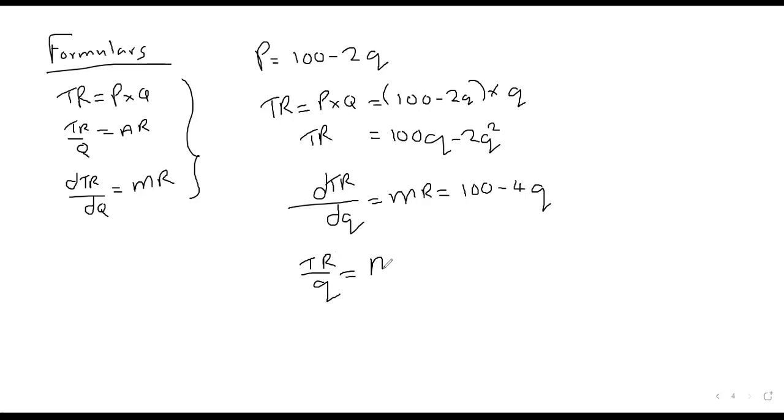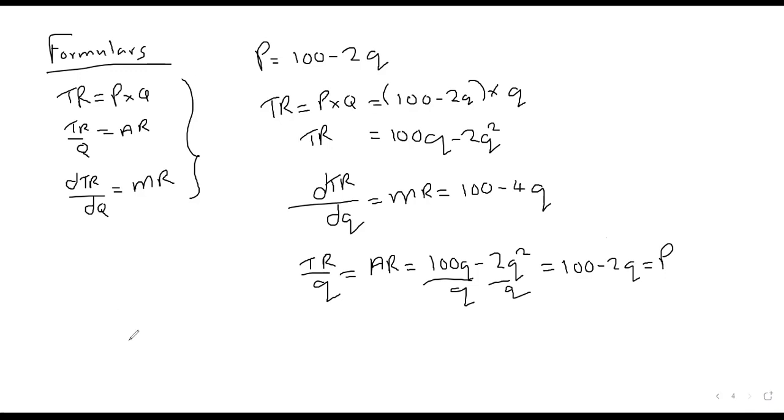Anything divided by quantity is called average. So here we're going to divide 100Q minus 2Q squared. We divide each one of them here, so we're going to have 100 minus 2Q. Can identify this one to be similar to the price. So this is our average revenue.